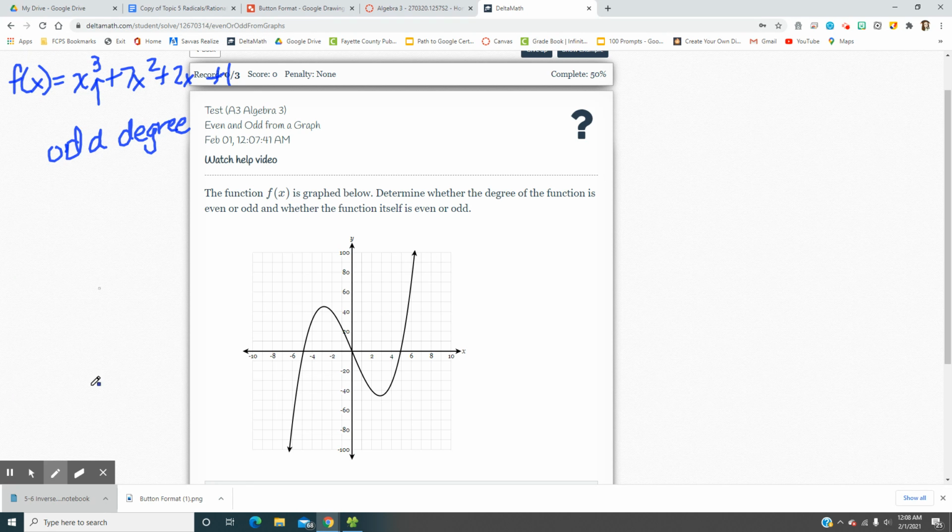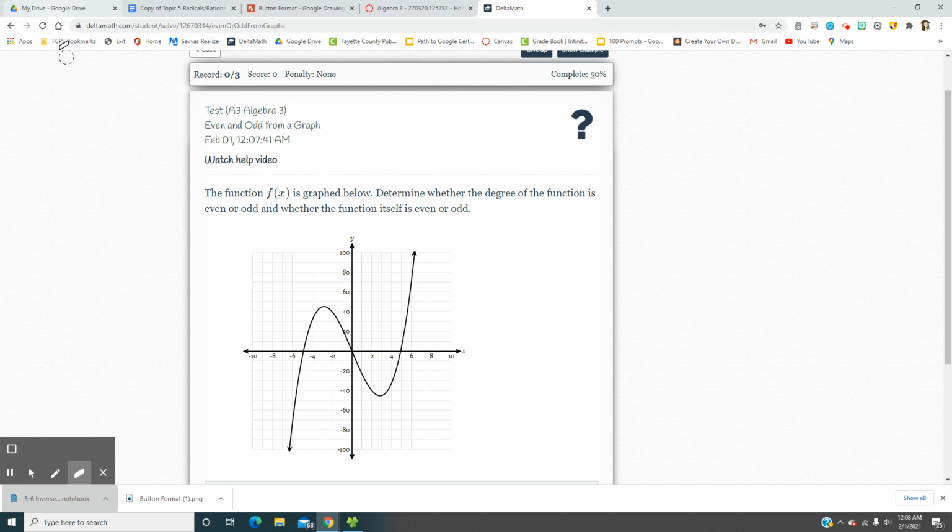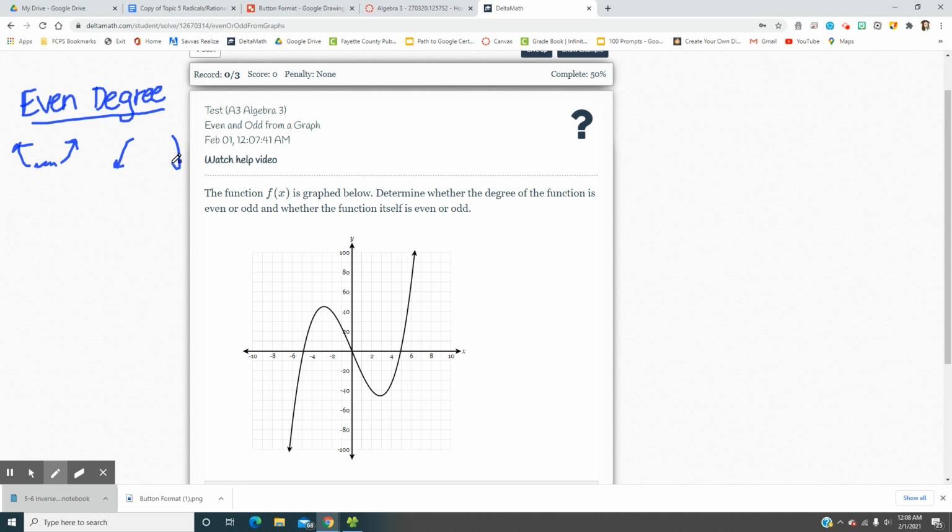Now, we don't have the formula, we have a graph. So there's another way that we can tell if a function has an even or odd degree. So a function would have an even degree if either both ends of the graph point up, doesn't matter what's happening in the middle, or both ends of the graph point down.